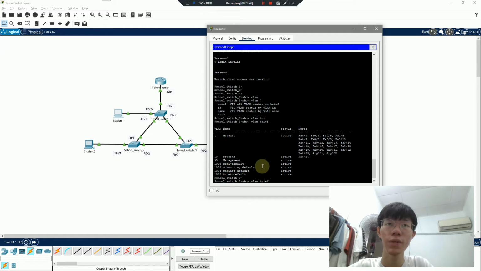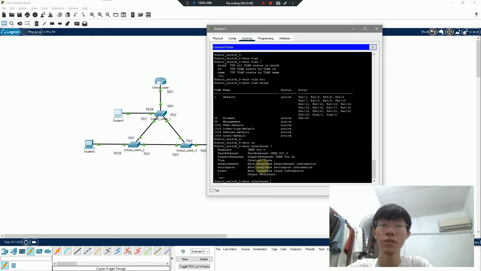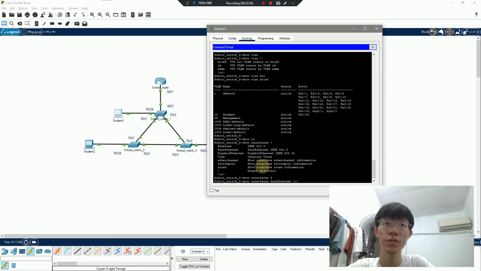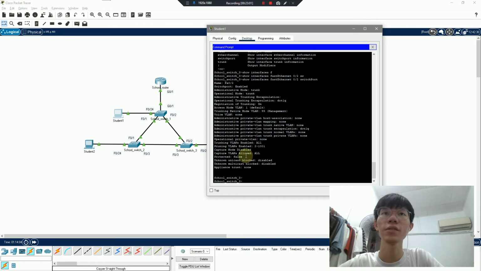So the next is show interface FastEthernet 0/1, 0/2 switchport. So this is for the switch 3 FastEthernet 0/2. So it is trunking, and with the native mode is VLAN 99. Yeah, VLAN 99.